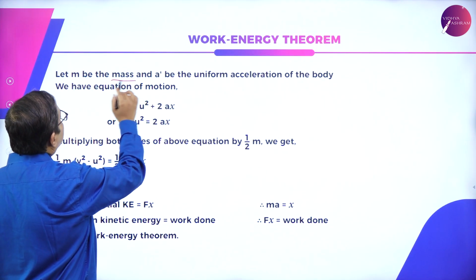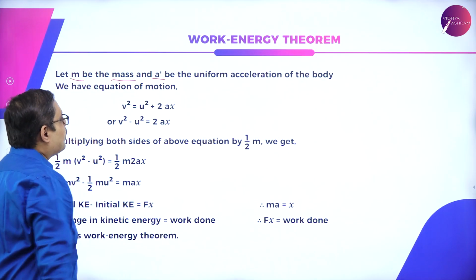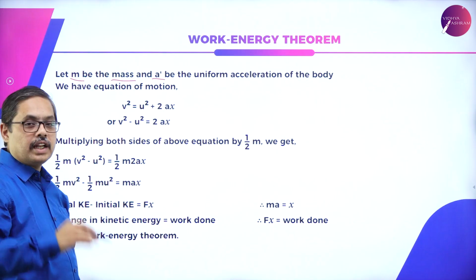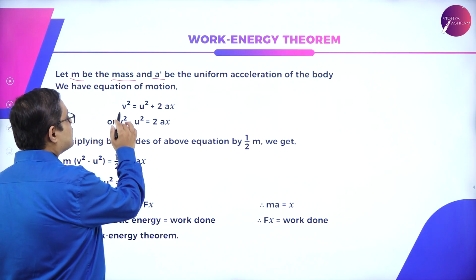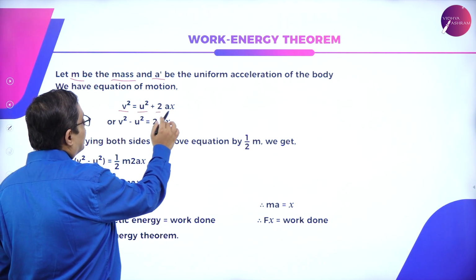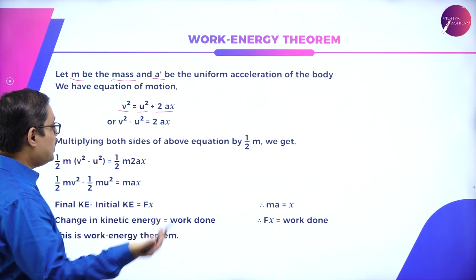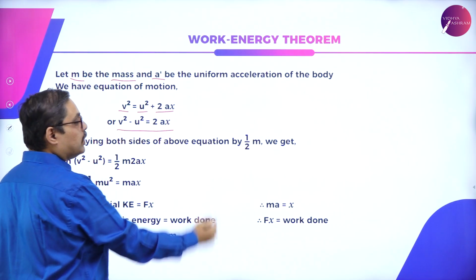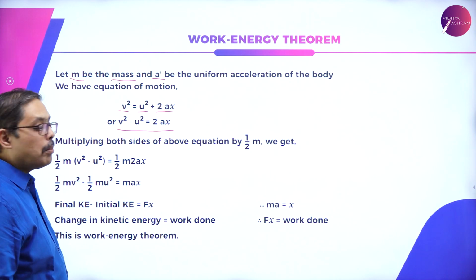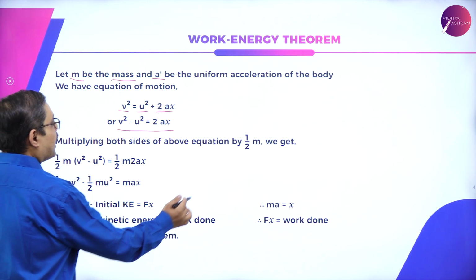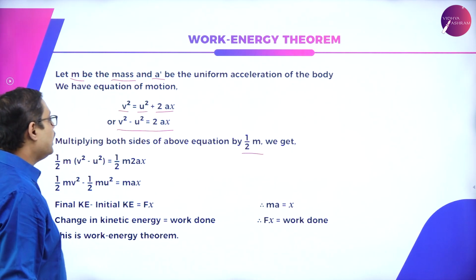We already know that the kinematic equation says v square minus u square equals 2ax, or v square minus u square equals 2 into a into x. Multiplying both sides by half m or m by 2, what do we get?